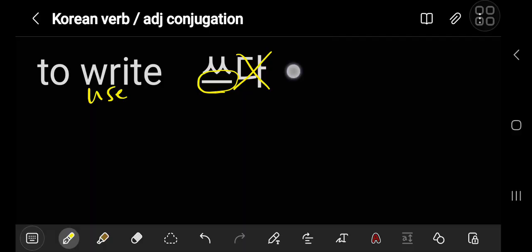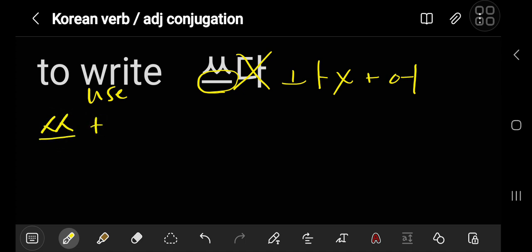The vowel is not an o, not an a. So what do we do? Here we go. We add our oh, cool, nice. But wait a second. So you'll see something funky going on. So let's take our base form, s plus o.